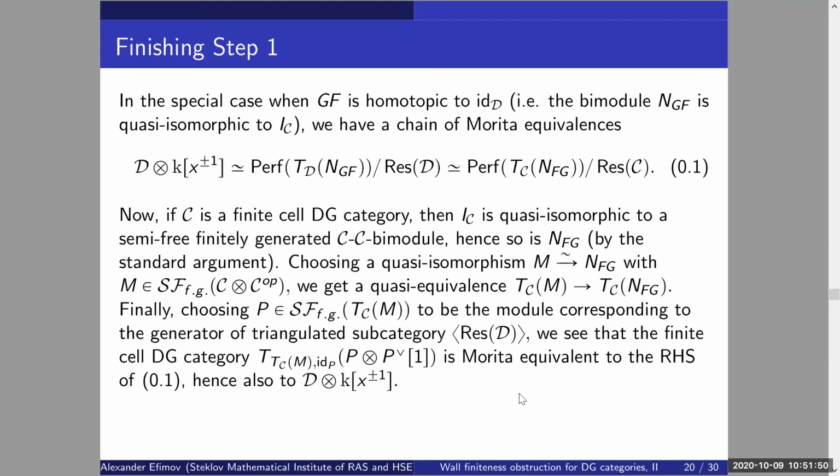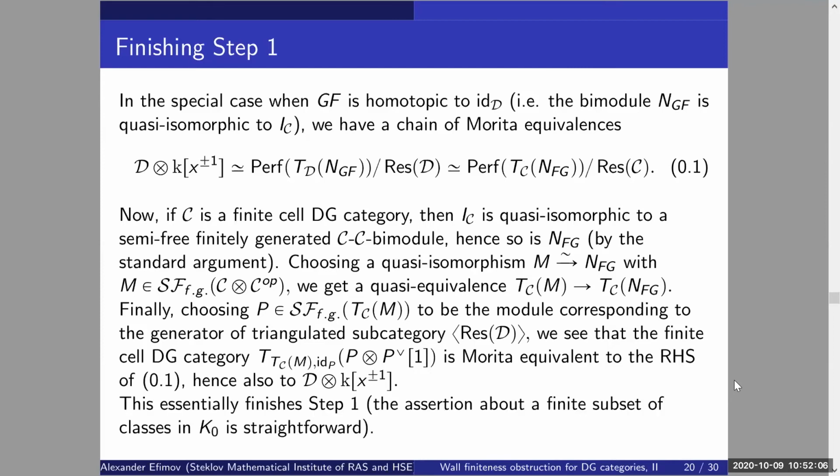So we obtain, just mimicking the proof from topology, that this D tensored by Laurent polynomials is Morita equivalent to a finite cell DG category. And this assertion about these classes in K0 is just straightforward.